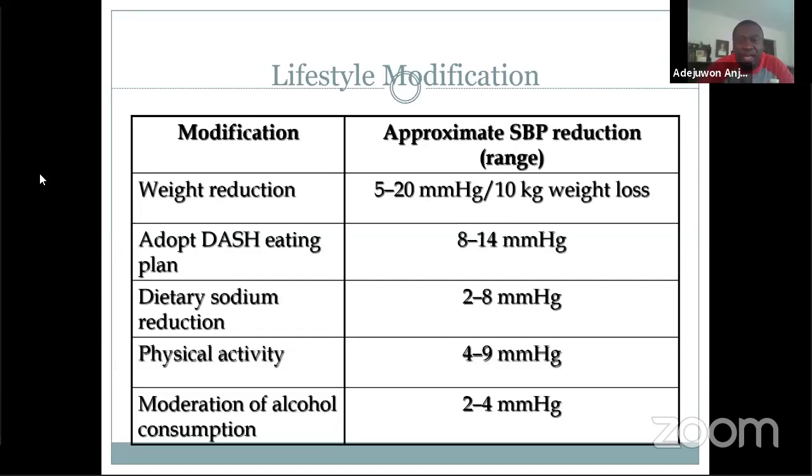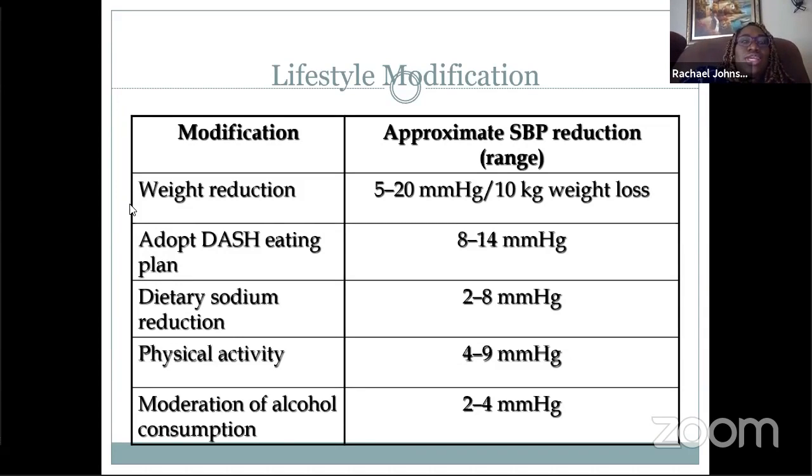What is mmHg? What does that mean in terms of physical consumption? This unit of measurement is talking about blood pressure. The normal range of blood pressure is maybe 120/80.